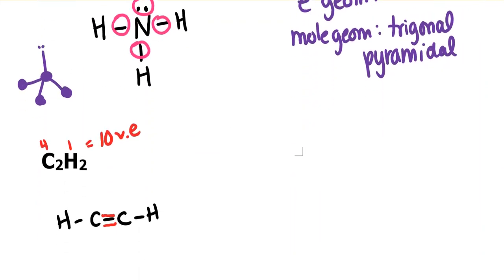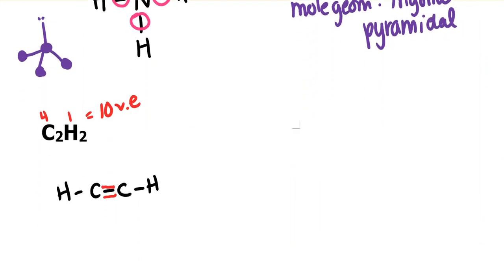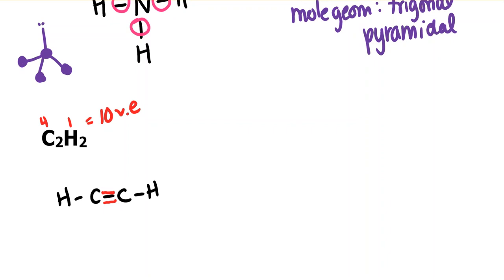Let's do another one. This one is different because really you can have a geometry around each carbon. On those that we are looking at that have 2 carbons, we're going to make it so that they're both the same geometry. So I'll just choose a carbon. Let's look at this one.